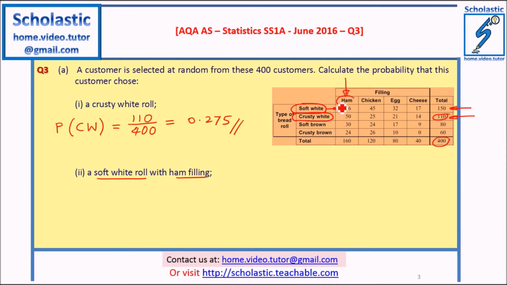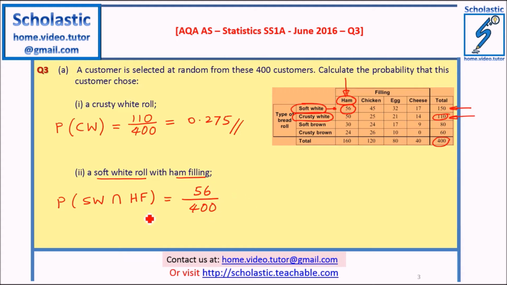There are 56 people who chose a soft white roll with ham filling. That means the probability is, out of 400 people, 56 people have chosen this option.